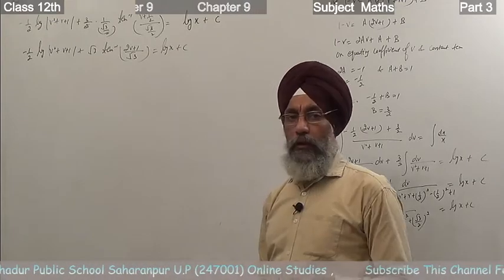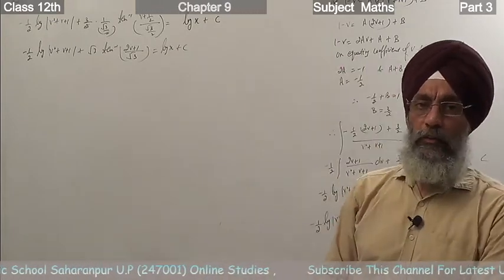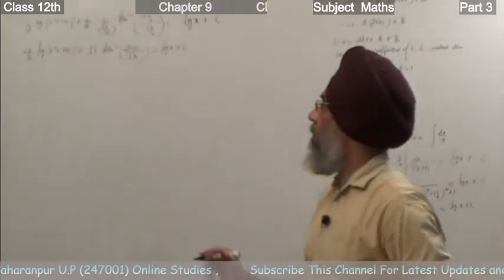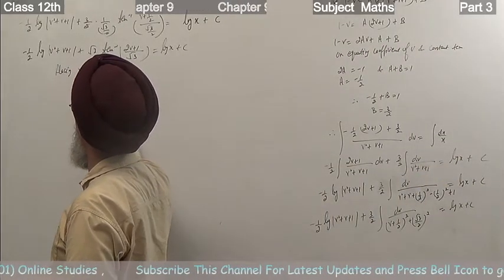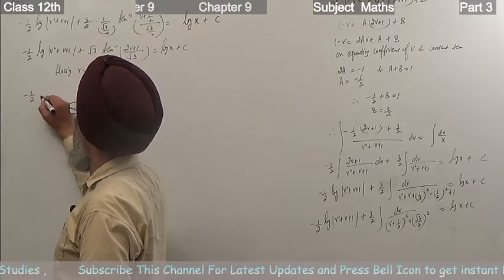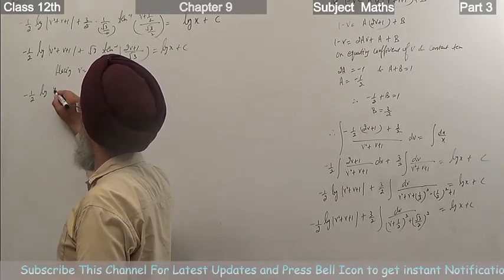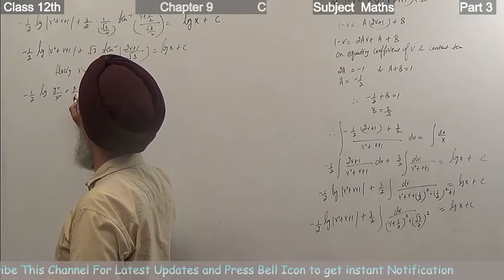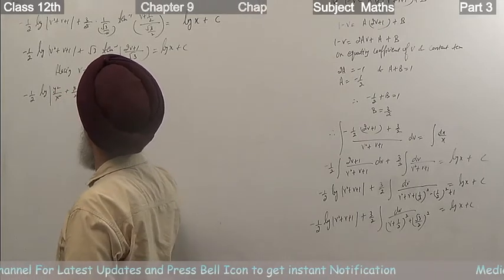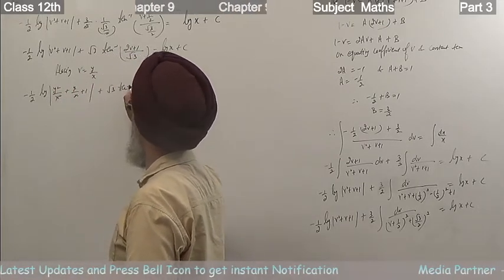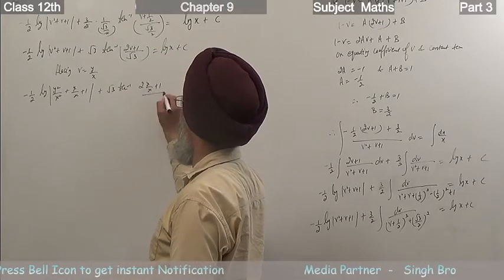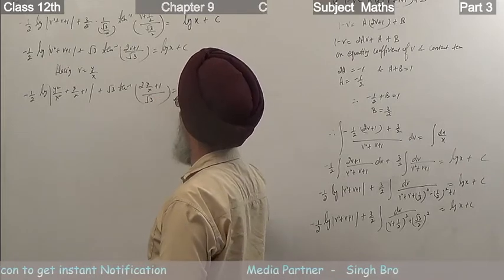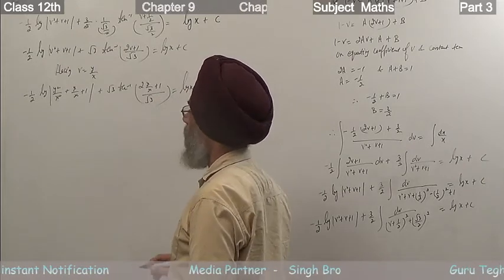Now placing the value of v, we have taken y as vx, so v is y upon x. Placing v equal to y upon x, we get minus half log of (y square upon x square plus y upon x plus 1), plus root 3 tan inverse of (2y upon x plus 1) upon square root of 3, equals log x plus c.